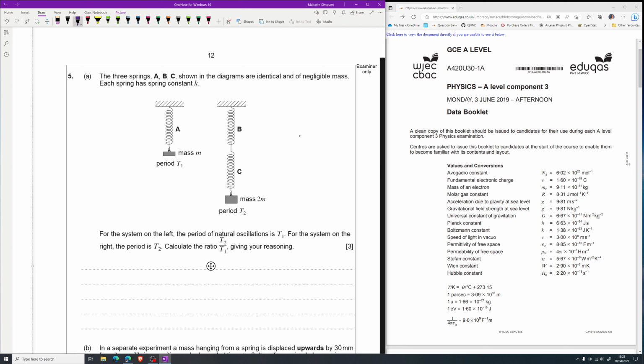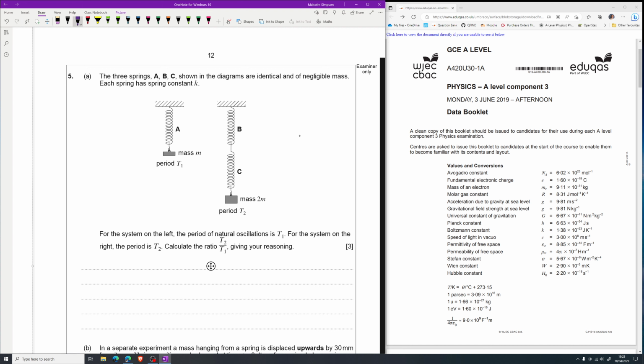So we're after the ratio T2 over T1. These expressions are the same except for this 4 in the mix, and it's inside the square root. So that is equal to 2 times 2 pi root m over k, which of course is T1. 2 times T1. So T2 over T1 is just equal to 2.